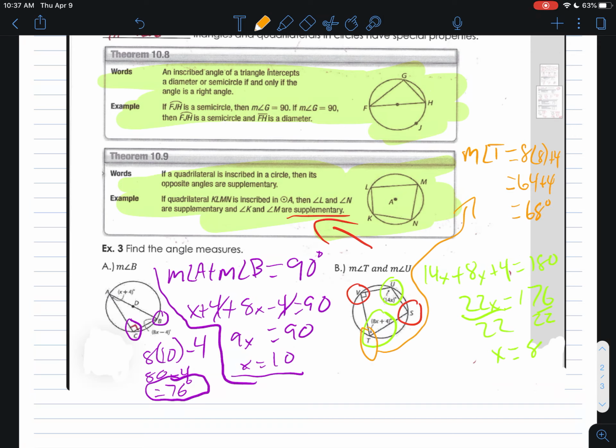So now you could just plug in x and plug it into the measure of angle u, or you could just take 180 minus 68, which is going to be 112.